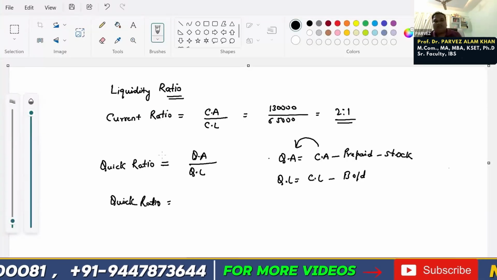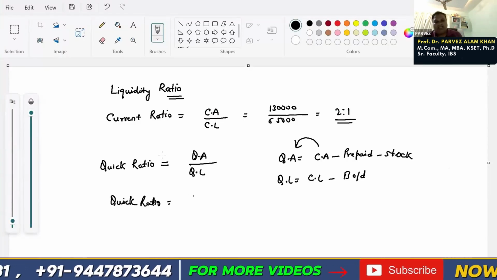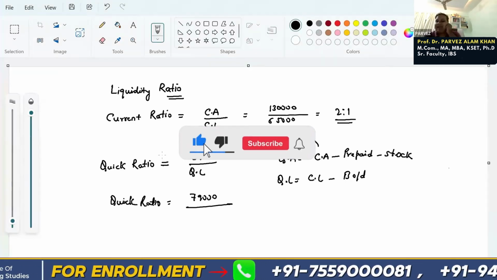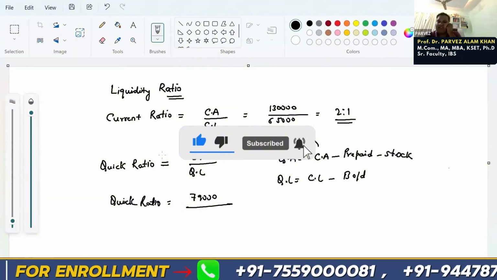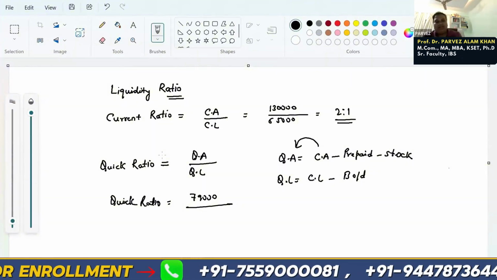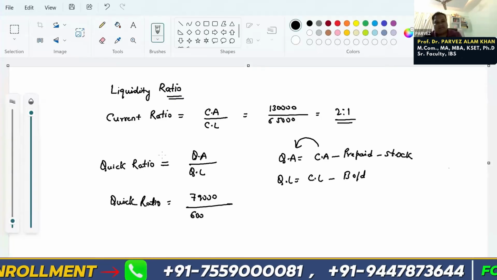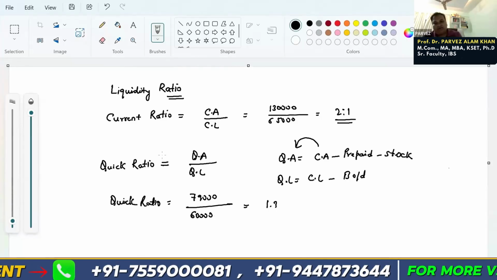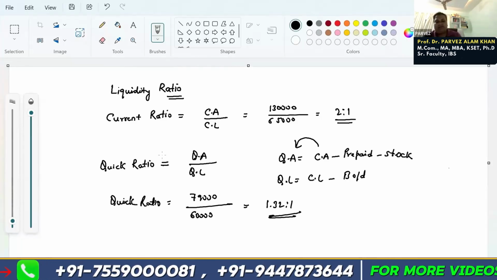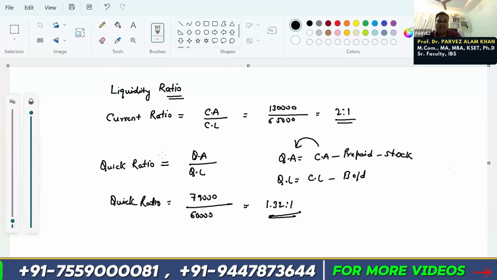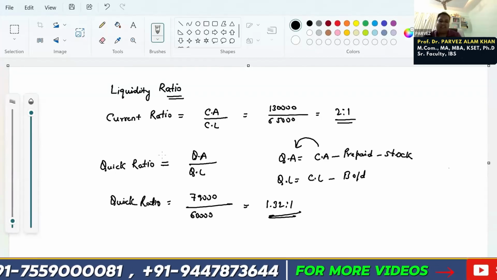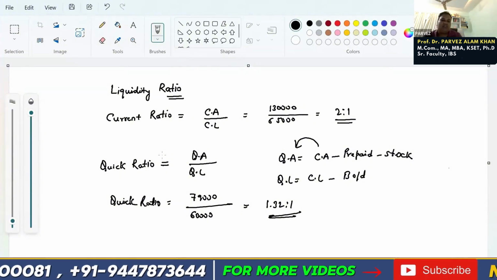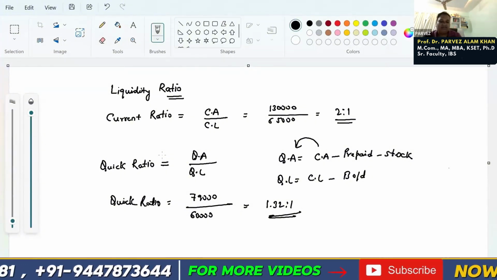Yes, 79,000 you got. And in a similar way, quick liability means current liability minus bank overdraft. So what is the bank overdraft? You just minus 5,000, right? So how much will it come? 60,000. So total how much did we get? 1.32 is to 1. Okay. So we can say it's satisfactory, right? 1.32 is to 1 is satisfactory. It's quite good. We are able to meet our short-term liquidity or short-term liabilities.